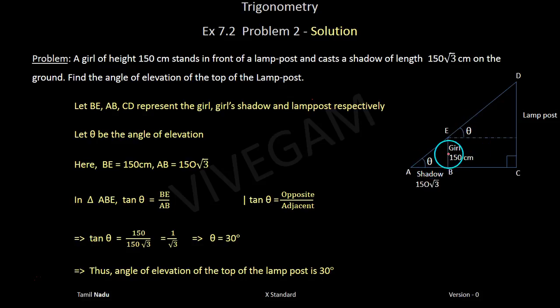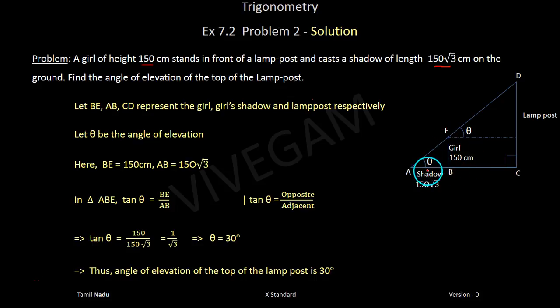Now here we know BE is 150 centimeters and AB is 150 root 3 centimeters. It's all given here. Next, in this triangle ABE, let's not consider the whole figure. We'll consider only this part because this is where the dimensions are given. I don't have any dimensions here, so there is no point considering ADC. We'll consider only A, B and E.